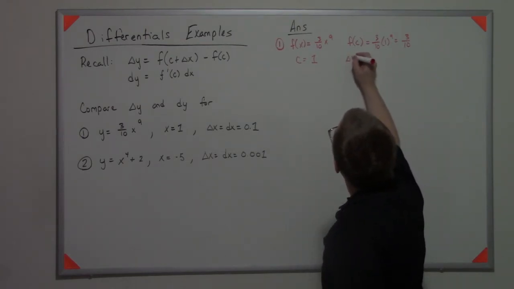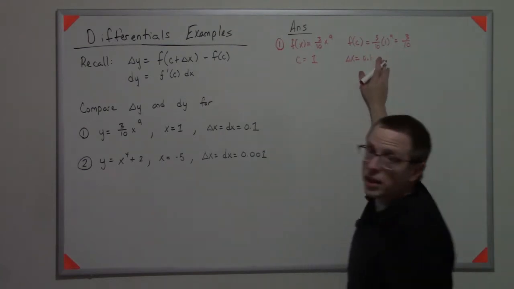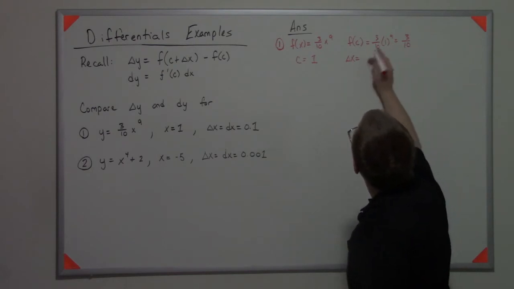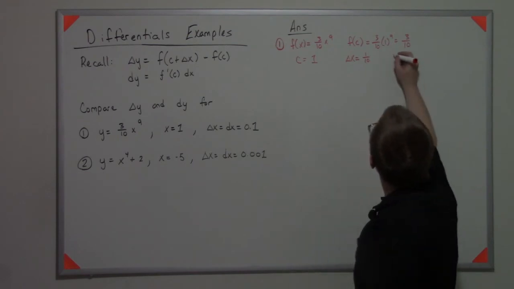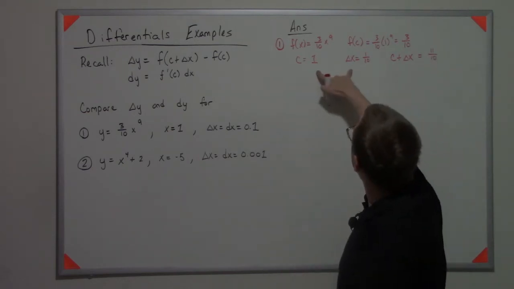We also know that delta x is 0.1, so we'll call that 1/10. So c plus delta x is 11/10, when we add those together.